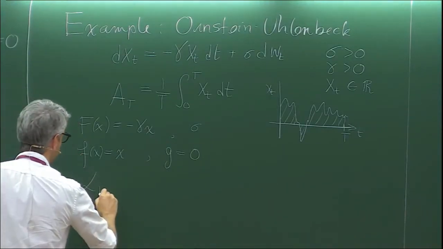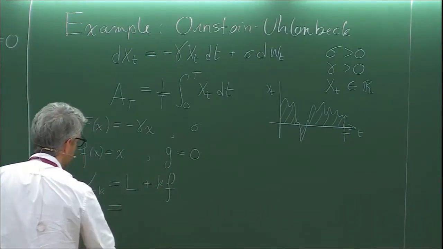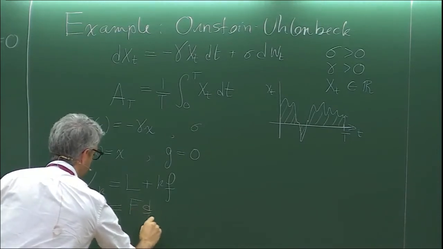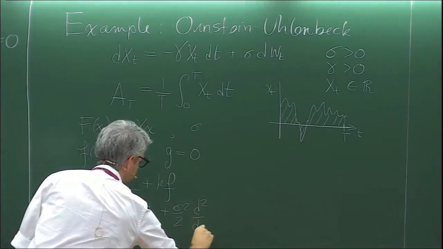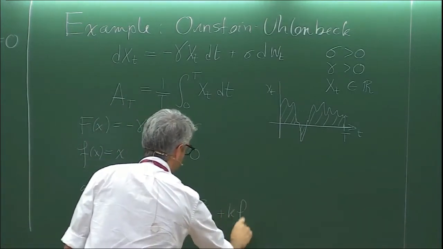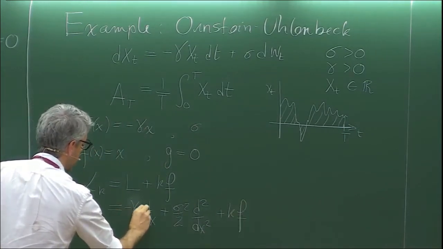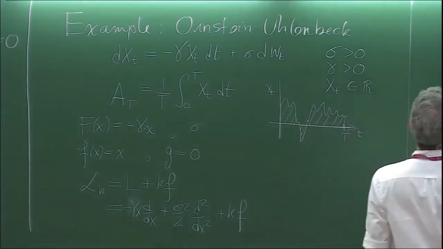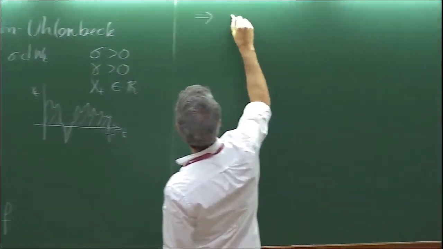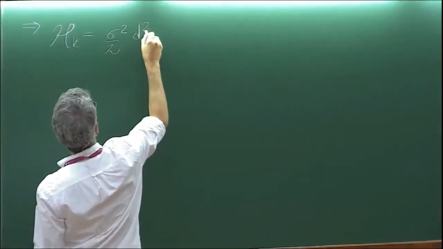So my tilted generator in this case is L plus k f, that's the F derivative plus sigma second derivative, the Laplacian, plus k f, and there I can replace the capital F by minus gamma x. This is obviously non-Hermitian, but I can do a symmetrization. If I do the symmetrization, I get sigma squared over 2 times the second derivative.